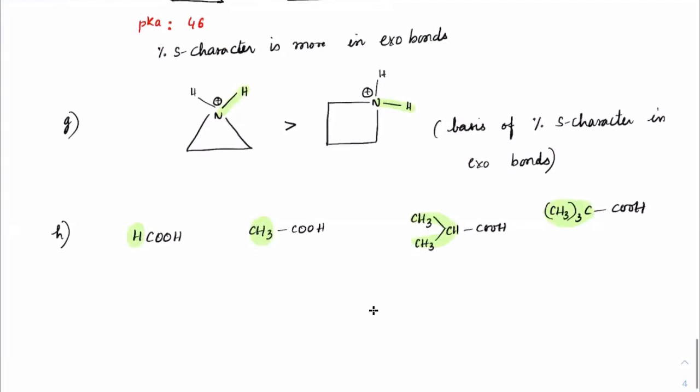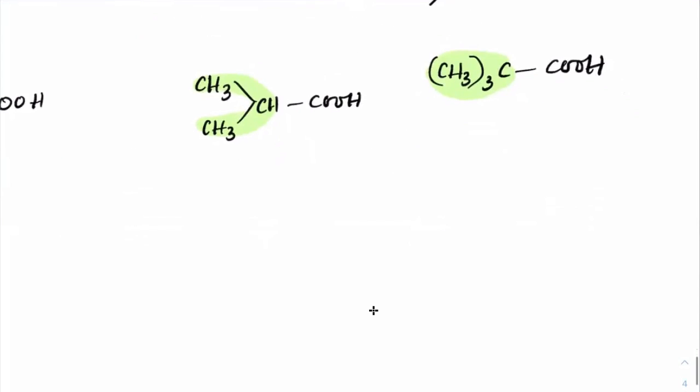From here, we should keep one thing in mind: the more the plus I effect in any species, the less is its acidic strength, and the more the minus I effect, the more the acidic strength.